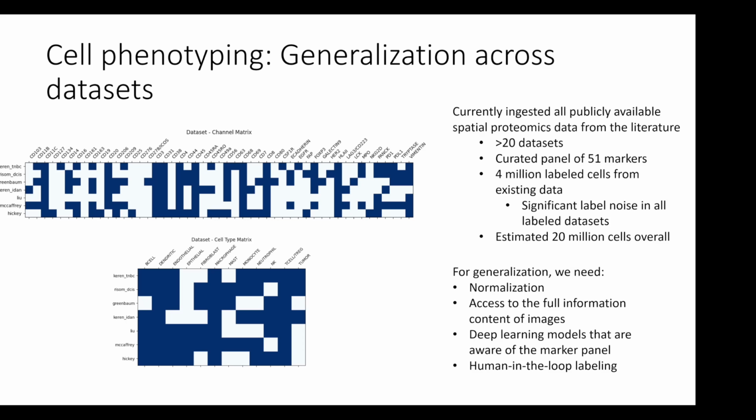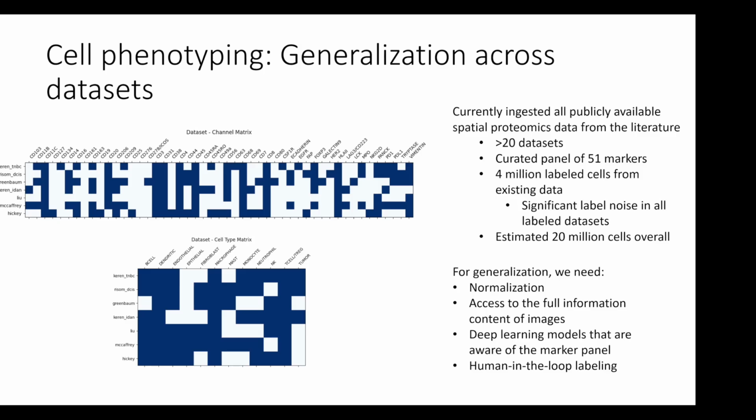For the AI side, to have a method that generalizes across all these diverse data, there are a few things that you need. A big one is normalization, but on top of that, you need the models to have access to the full information content of the images, and you also need them to be aware in some way of what the marker panels are.